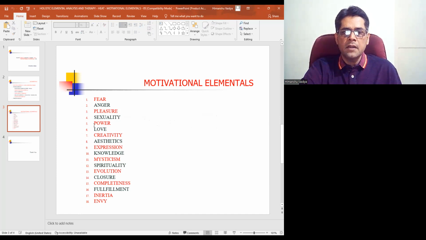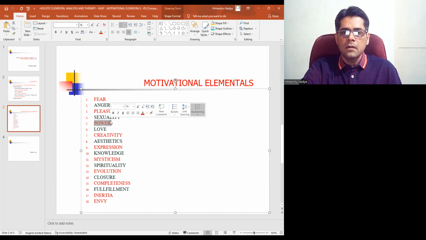Then we come to the third center, which is the center of power, and then we come to the center of heart, love, then the throat chakra, aesthetics, expression, then the Agnya chakra, knowledge and mysticism, then the crown chakra, Sahasrara chakra, and that deals with spirituality, evolution.